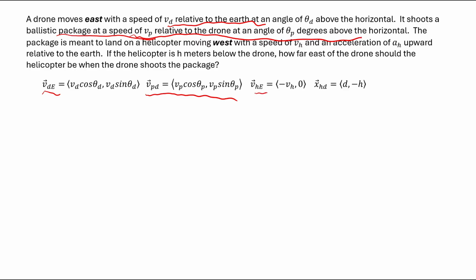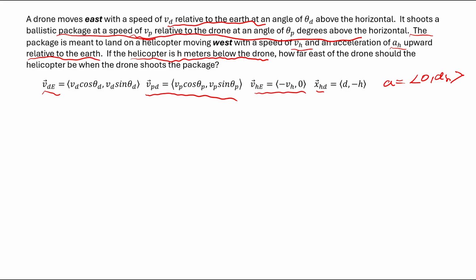They give us the velocity of the helicopter relative to the Earth. So they give us the velocity of the helicopter and the acceleration of the helicopter, and that's upward relative to the Earth. I guess I didn't write A, so I'll write A here. I put it in later. So this is 0, comma, A_H, they say upward, right? And then the other thing they do, this is really weird, they give us the position of the helicopter relative to the drone.